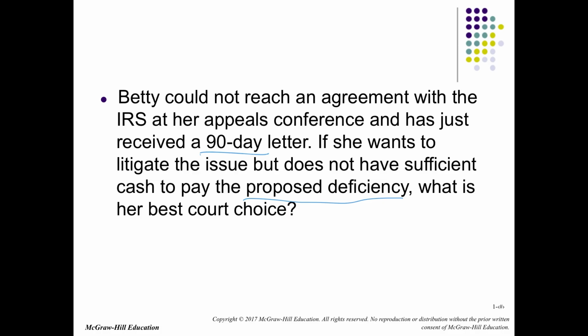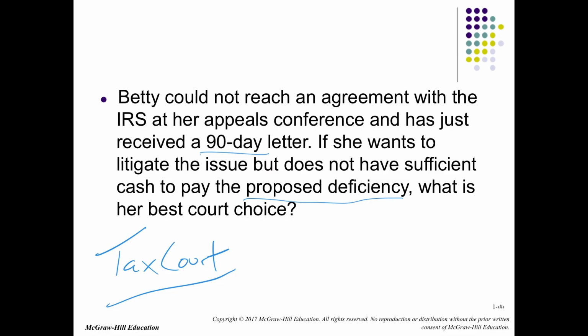Well, the cool thing about tax court is that you can request to go to tax court and you do not have to pay that deficiency first. You can go to tax court, and then if you win, you don't have to pay the deficiency at all. If you lose, then once that decision is made, you have to pay your deficiency.